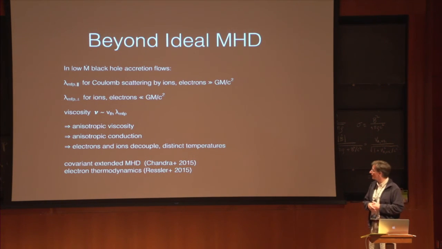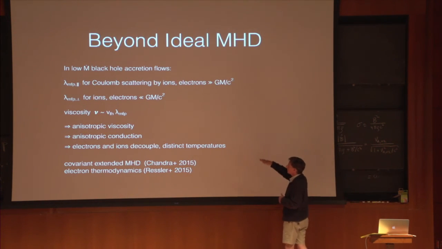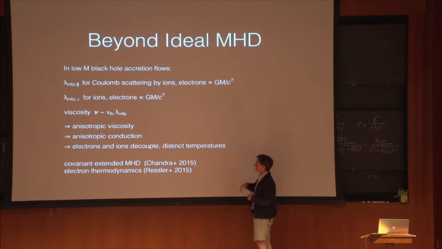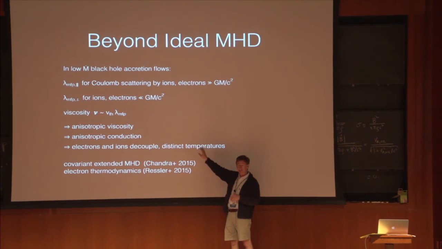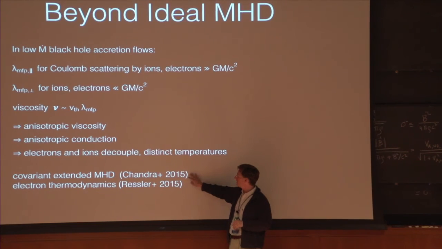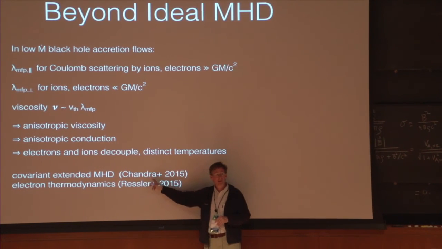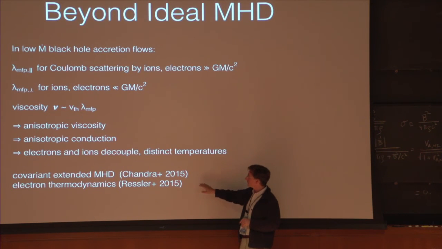there's a group of us who have been working to build models that incorporate these observations. And one result, which includes the viscosity and the conduction, is a theory called covariant extended MHD, in a paper written by my student Mani Chandra, François Foucard, and others.